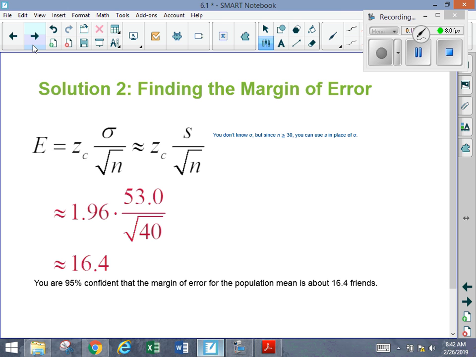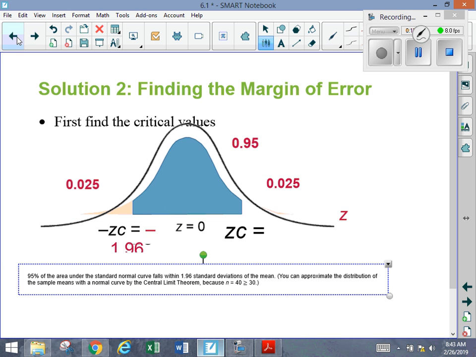It said that our sample standard deviation was 53.4, not the standard deviation of the population. All right, so let's fix this calculation.